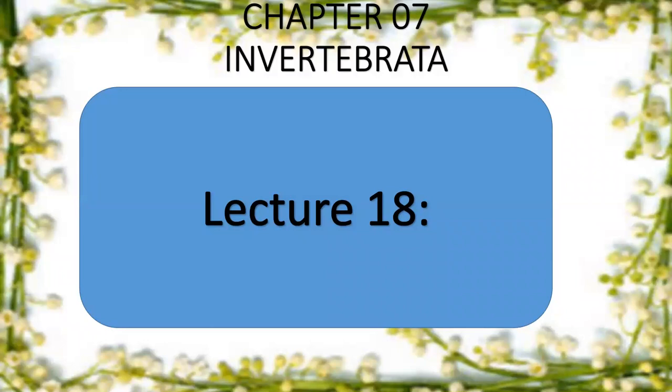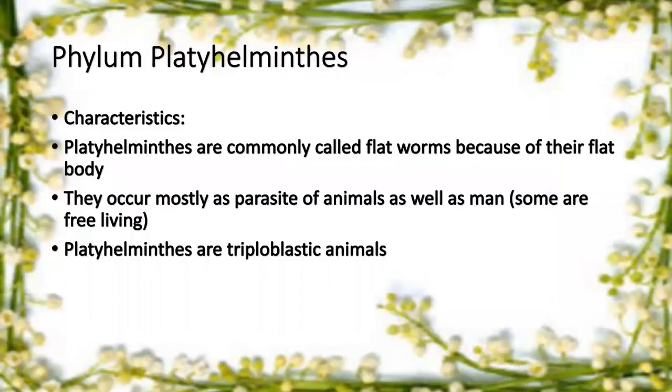Now we are moving to the next phylum. On your screen, you can see the name of the phylum: Phylum Platyhelminthes. Main characteristics. Phylum Platyhelminthes are commonly called flatworms because of their flat body.